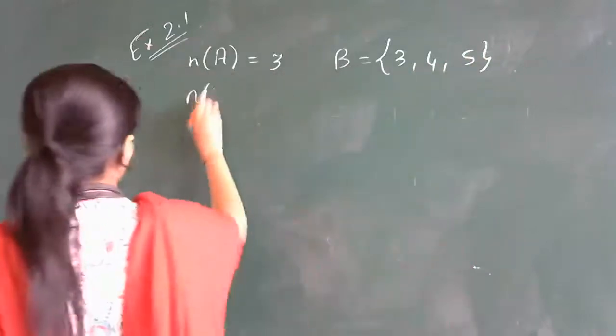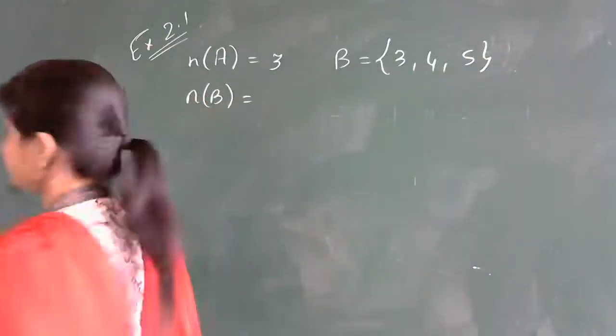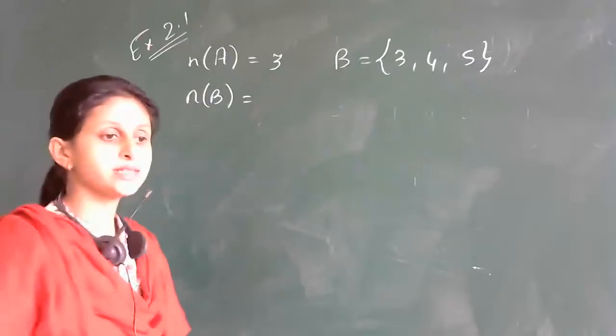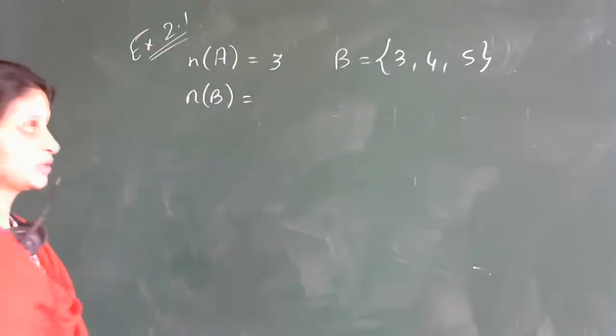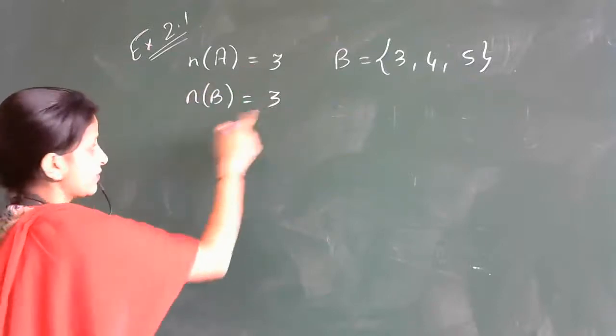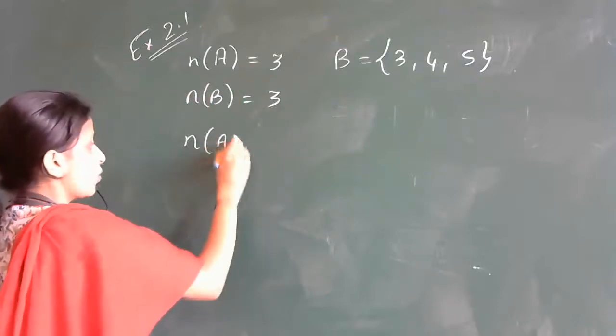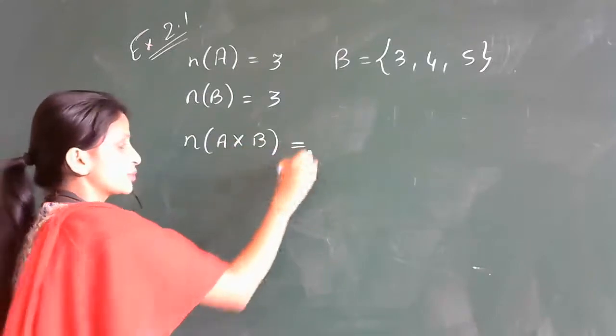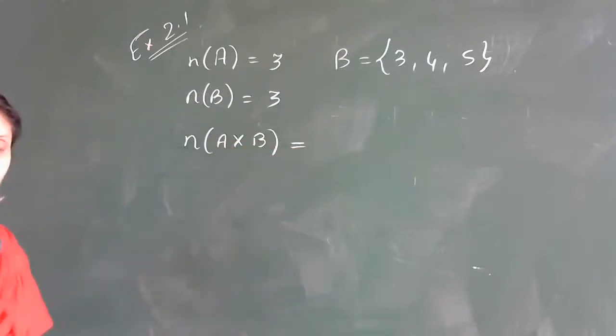So what is the number of elements in set B? We have 3 elements. So in set A, we have 3 elements. In set B, we have 3 elements. They have asked what is the number of elements in Cartesian product A cross B. So what is the formula?